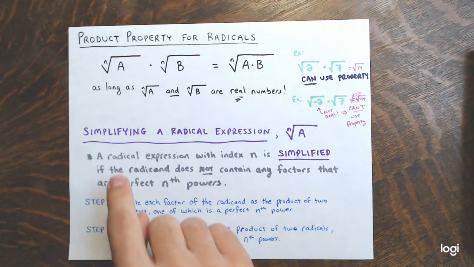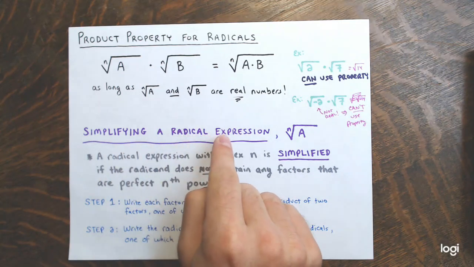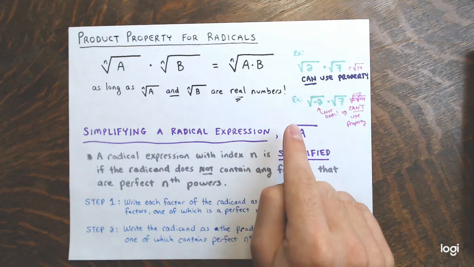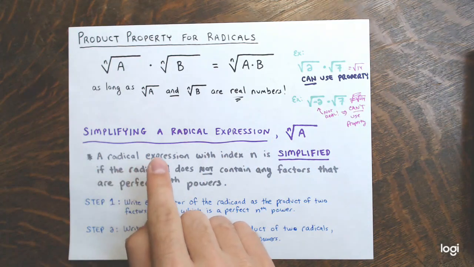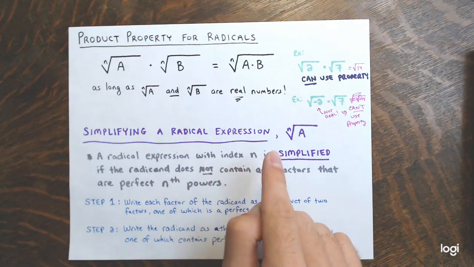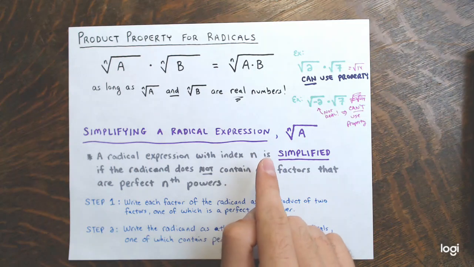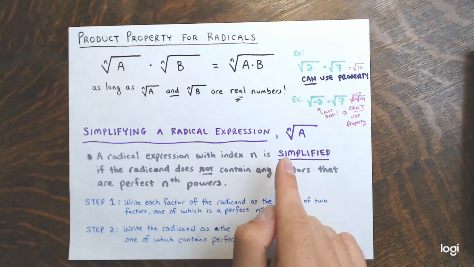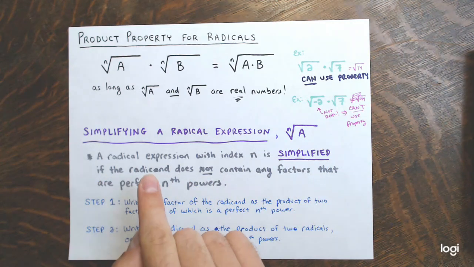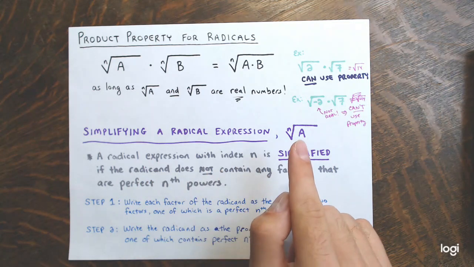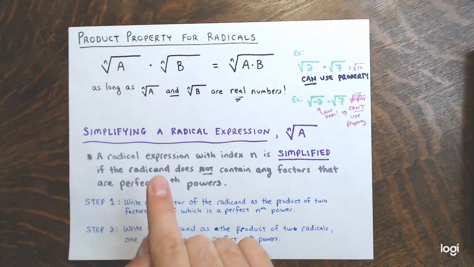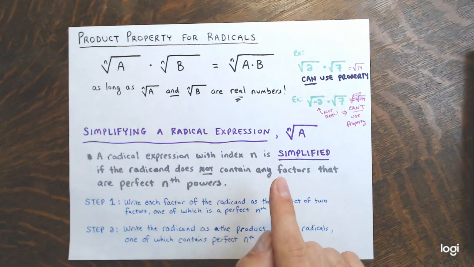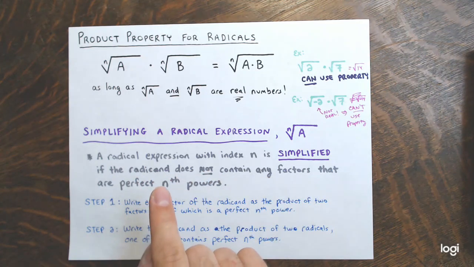Alright, so when I say simplifying a radical expression, something like the nth root of a radical expression with index n, it will be considered simplified if the radicand, remember the radicand is the number inside the root, does not contain any factors that are perfect nth powers.